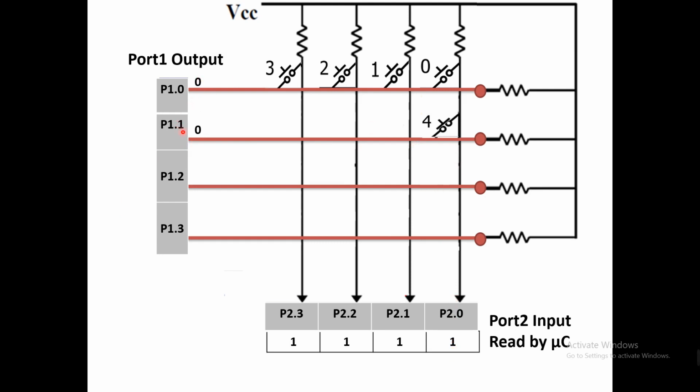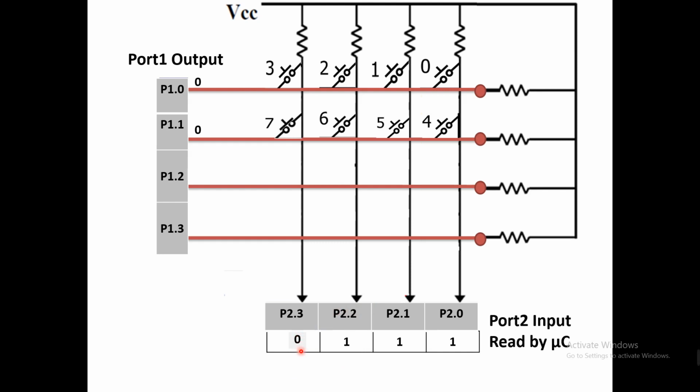Then the 0 is directly connected with this bit, and this bit will become 0. Moving ahead, if switch 6 is pressed, the corresponding column will become 0, and similarly if switch 7 is pressed, the corresponding column 2.3 will become 0.